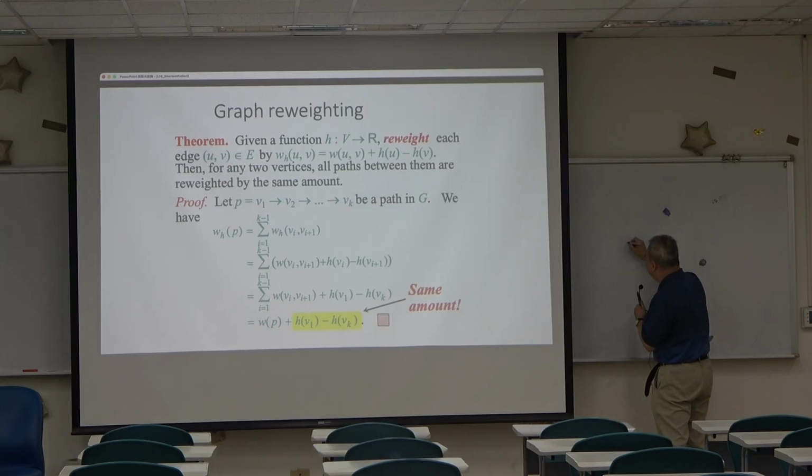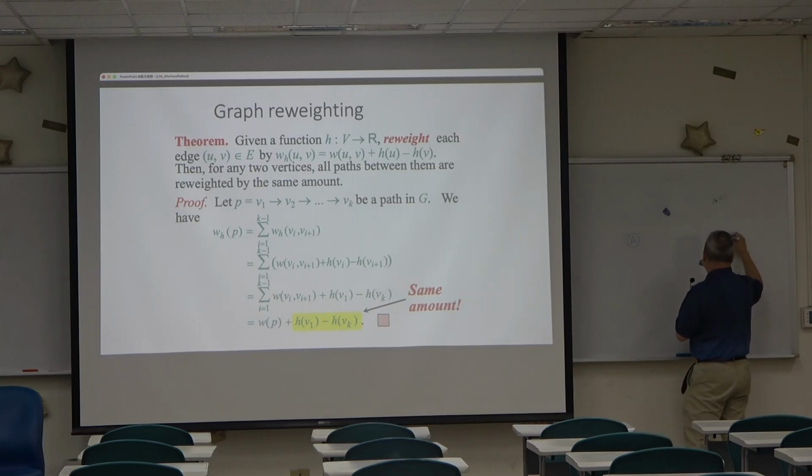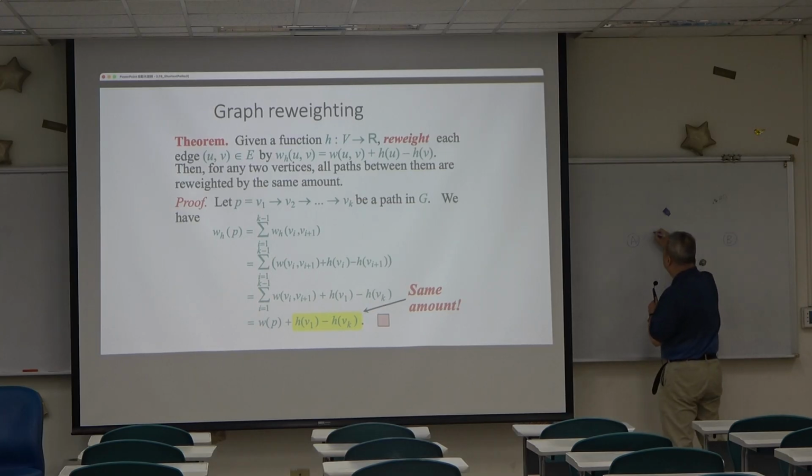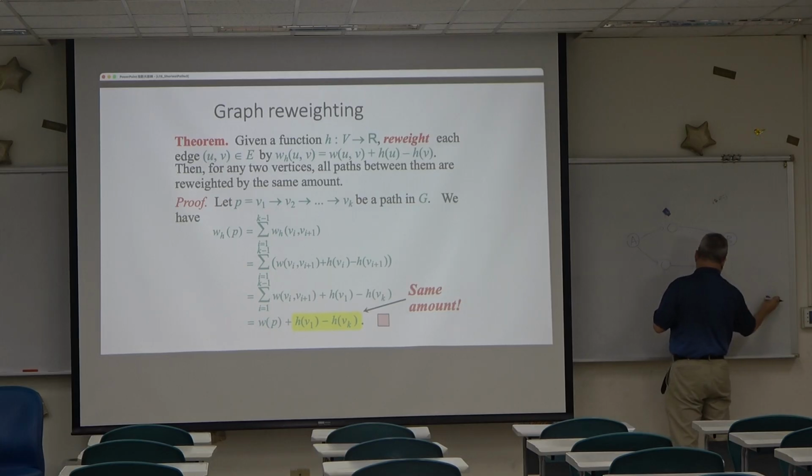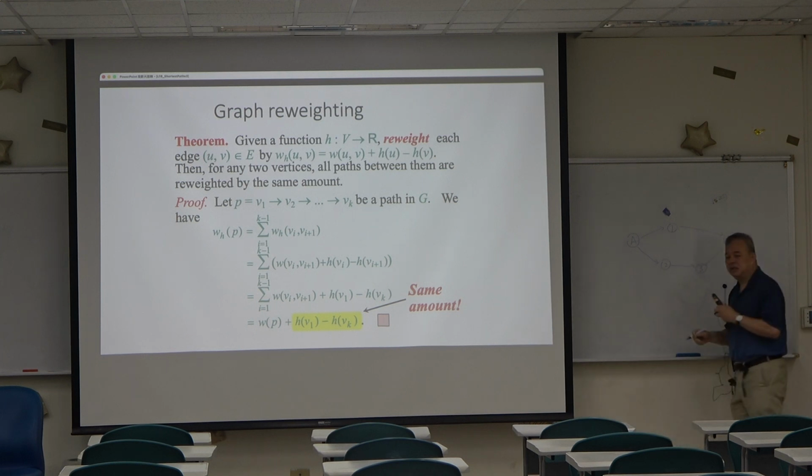Say we have node A, node B. Let's say we have two paths. Say the top one goes through node 1, the bottom one through nodes 2 and 3, just for the sake of easy understanding.